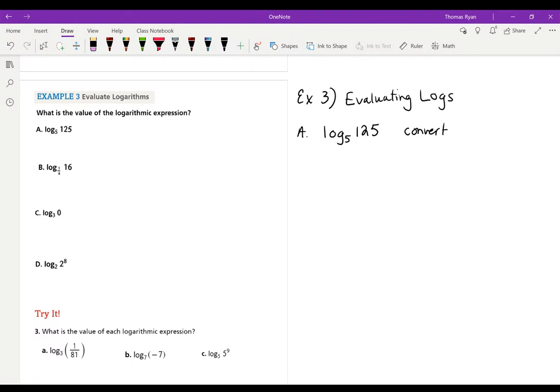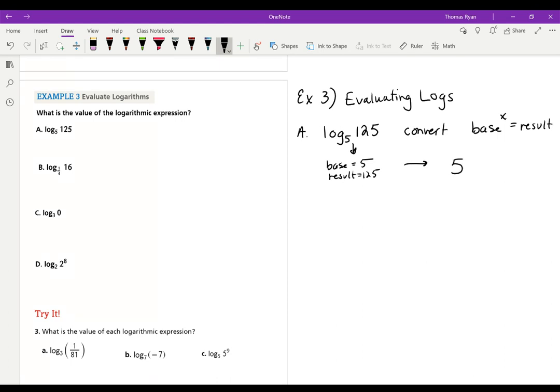So let's convert this into the base to what power gives us our result. So we have our base is 5 and our result is 125, and we don't know what this is equal to.